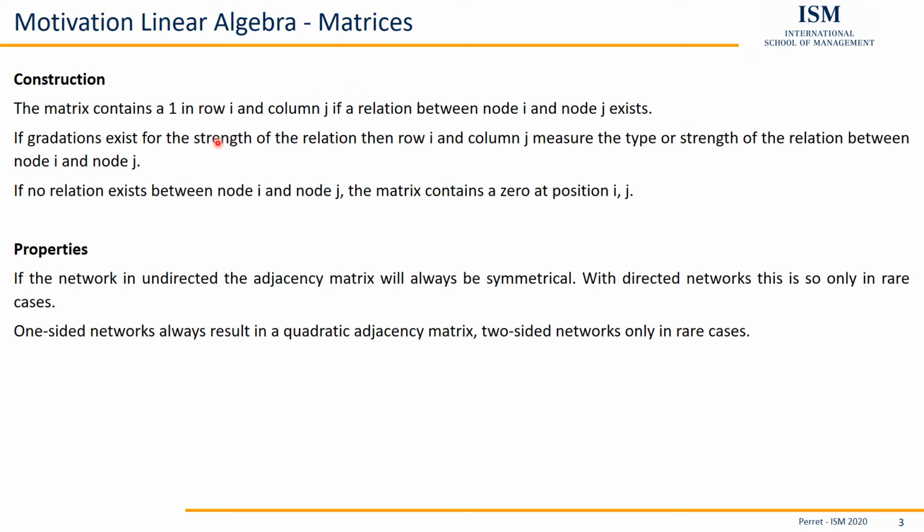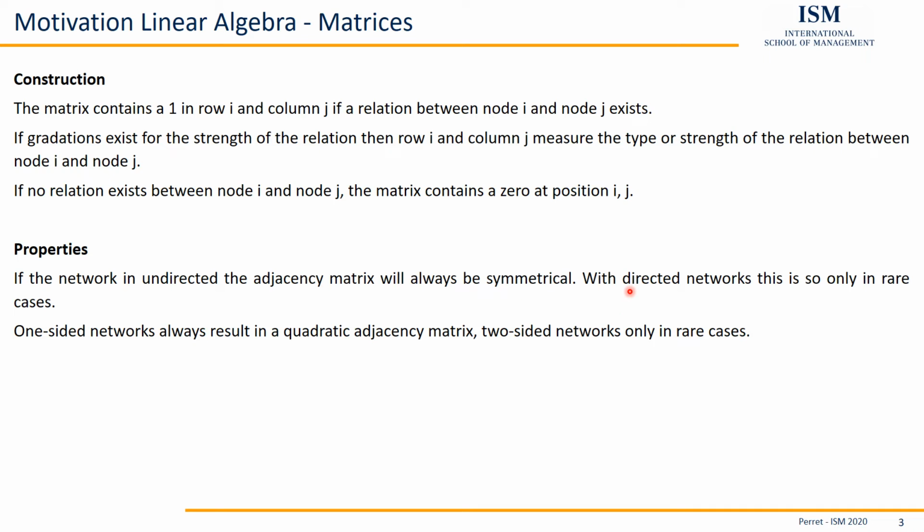Well, if we build an adjacency matrix like this, we can have, for example, undirected or directed networks. An undirected network is something like Facebook. If you're friends with someone, he's automatically friends with you. If you have a network like this, your adjacency matrix will automatically be quadratic and symmetrical.